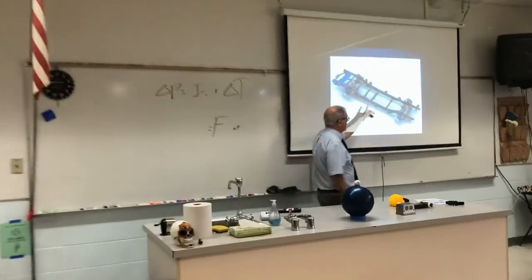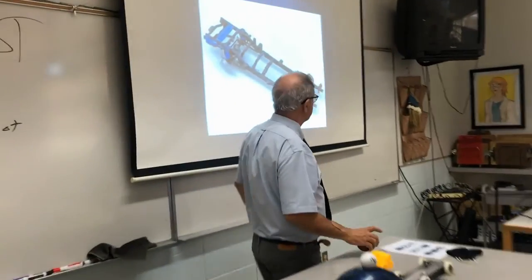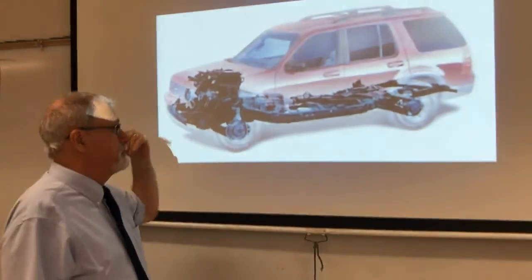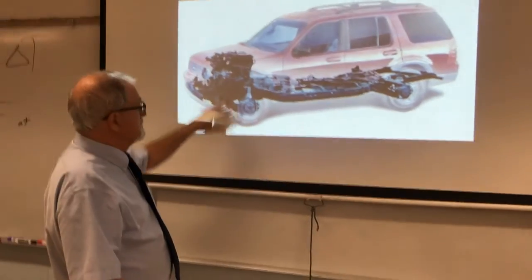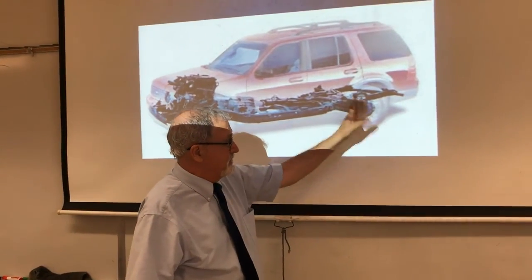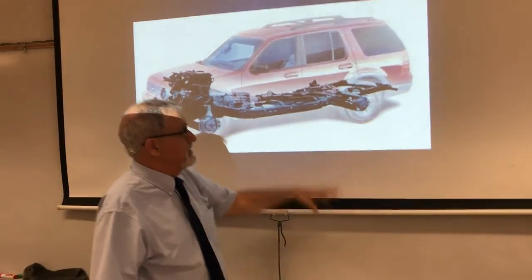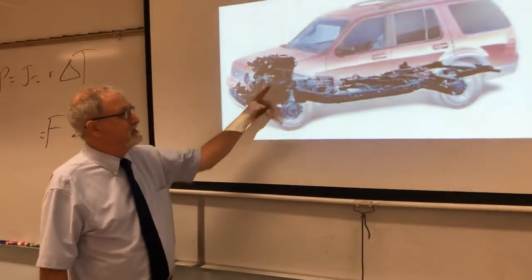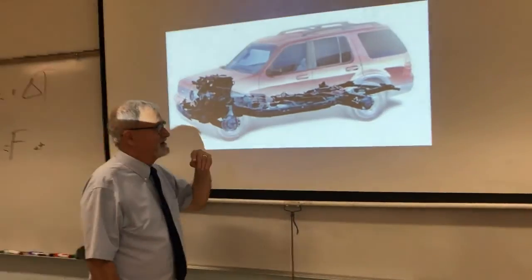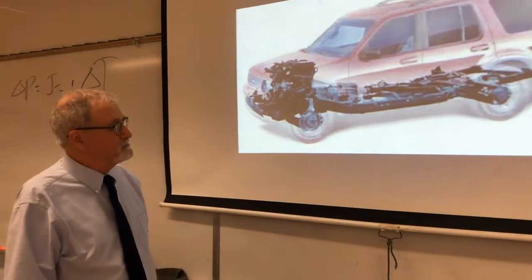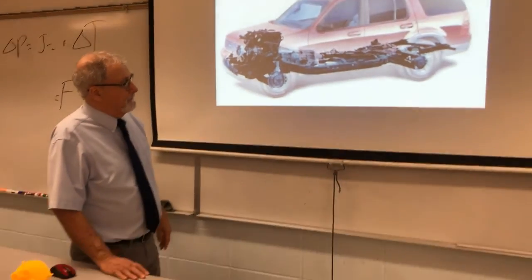It's the simplest, cheapest way to build a car or a truck. You can put the engine on the front, you mount the suspension, here's the transmission, the drivetrain with the rear end, and then you just plunk a body on it, whatever kind. This is an SUV. You can have trucks, whatever. It's a very inexpensive way to make a vehicle.